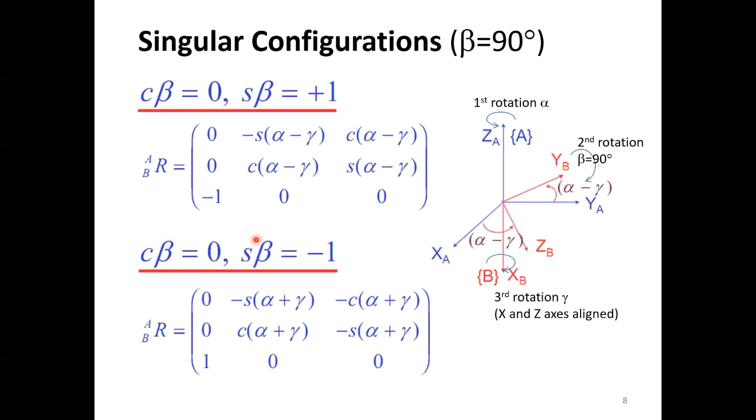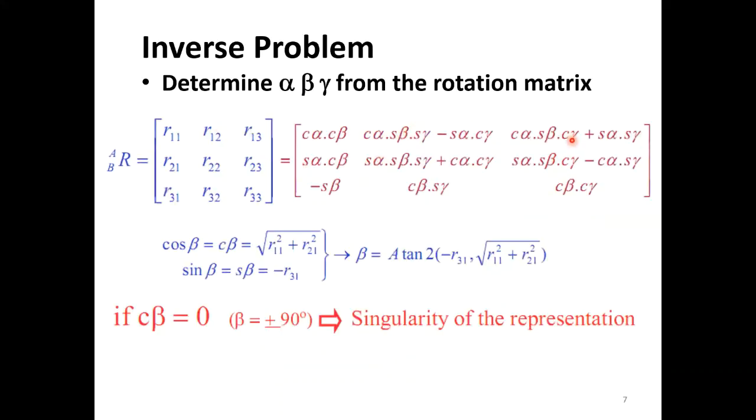So in that particular singularity, beta equals 90 degrees, cos beta is 0, sin beta is 1. So if you look at your rotation matrix, which is this one, you have cos beta, you have sin beta. Cos beta is 0, sin beta is 1.